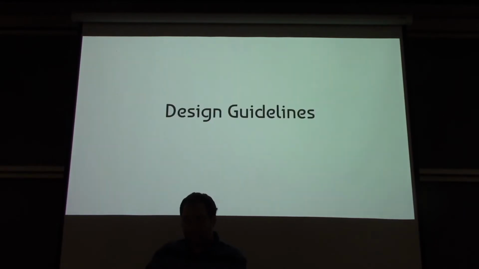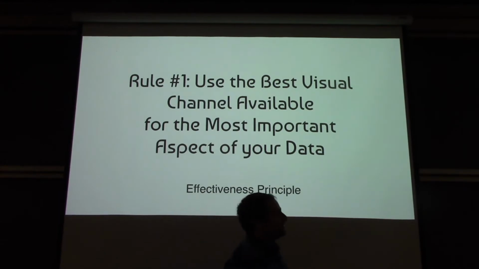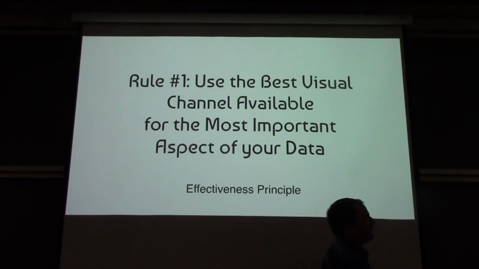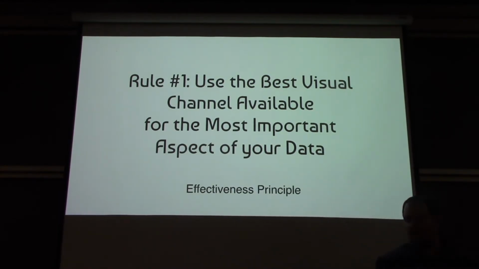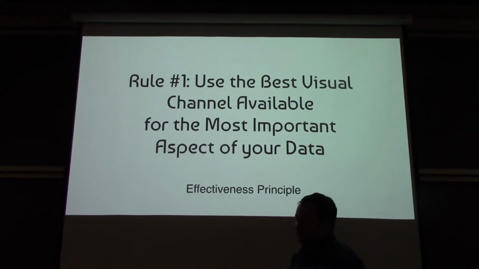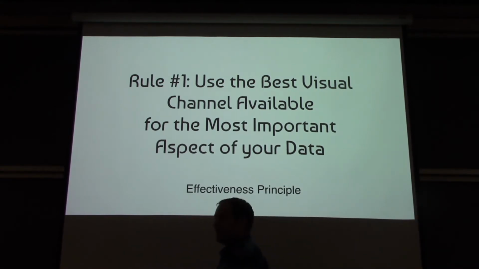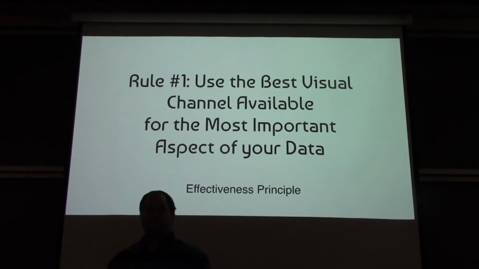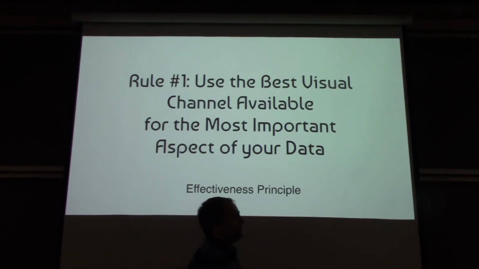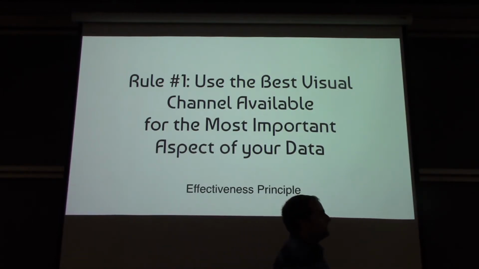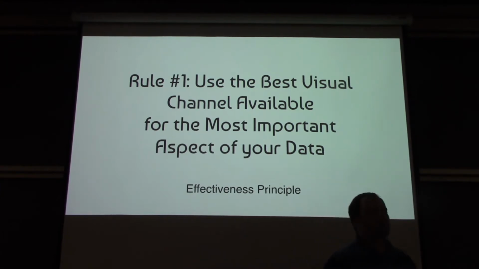Okay, so design guidelines. So there's 2 rules that you need to really remember. The first one, and I've been hammering that home I think a lot, is use the best visual channel available for the most important aspect of your data. So you very often have a data set, and that can be shown in many different ways and has many different dimensions or fields or aspects to it.